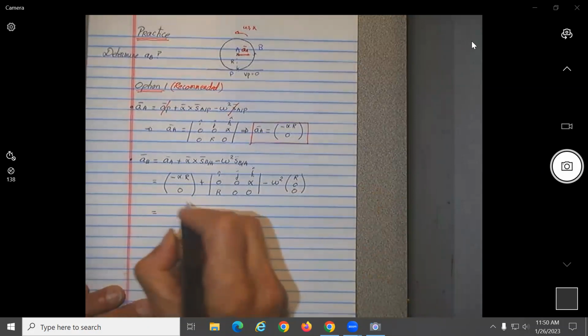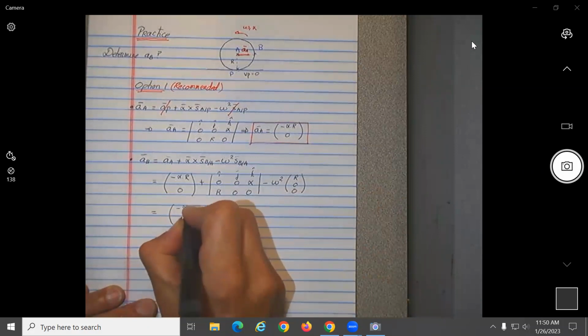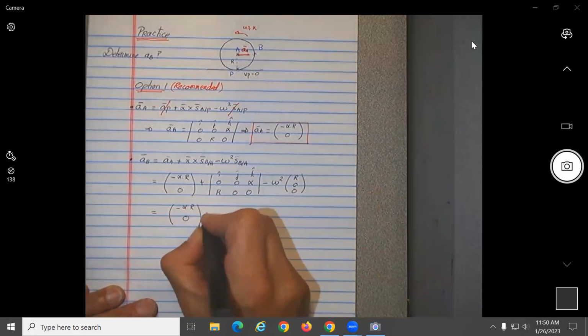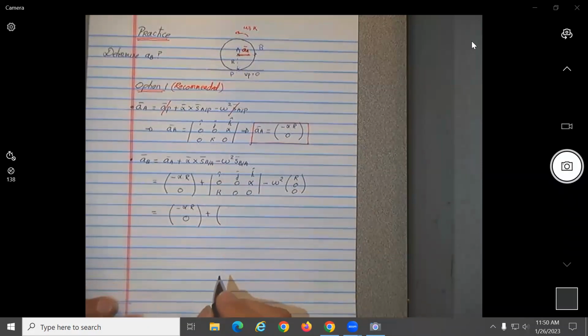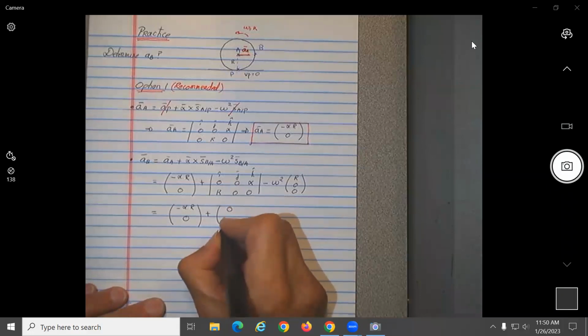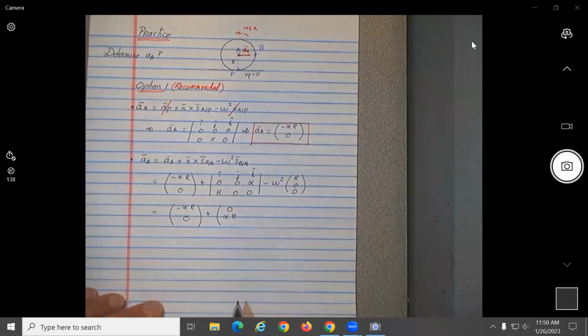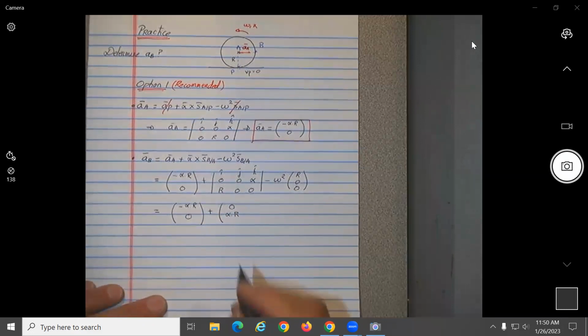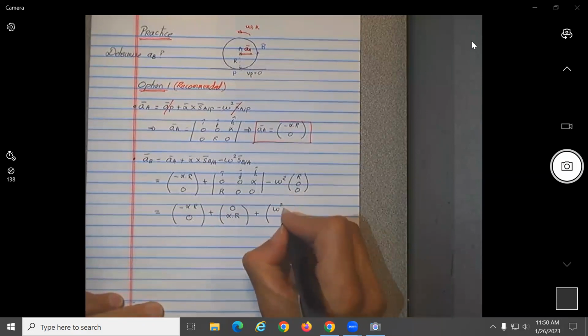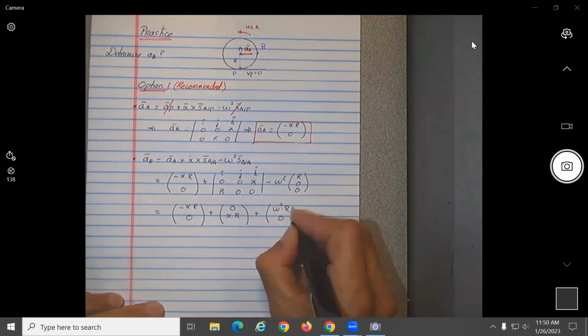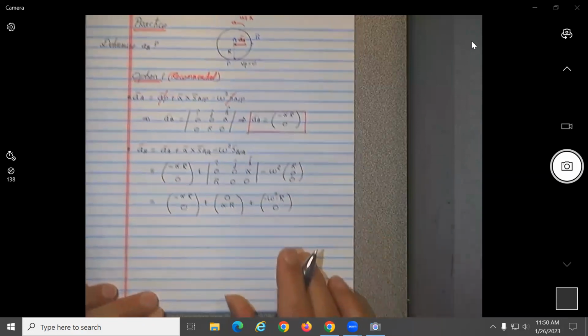So this is going to give you minus alpha R, 0, plus 0, 0, positive alpha R, plus negative omega squared R, and 0.